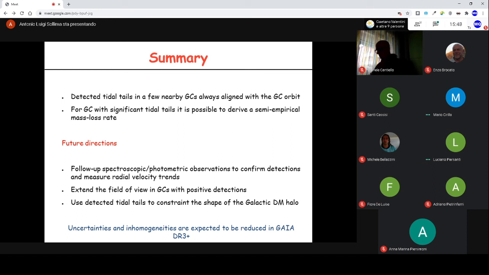So you can have some spurious patterns which force you to adopt a brighter magnitude cut, reducing even more the number of stars you can properly use for this purpose. If you reduce this effect, you can increase the efficiency in detecting tidal tails. Okay, I'm finished. Thank you.